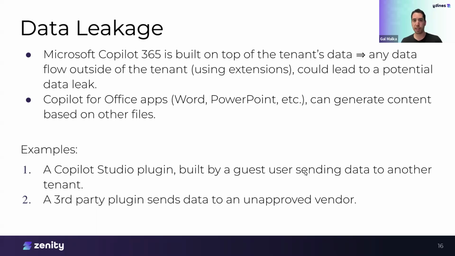When you do that, Copilot may be copying, summarizing, or transferring some of the information from one file, which could be sensitive and stored in a secured location, to another file just by you giving it a prompt. And by that, you are essentially transferring the information to the other file, which could be saved in an unsecured location, maybe shared with a lot of people, maybe shared with a guest user, and so on.